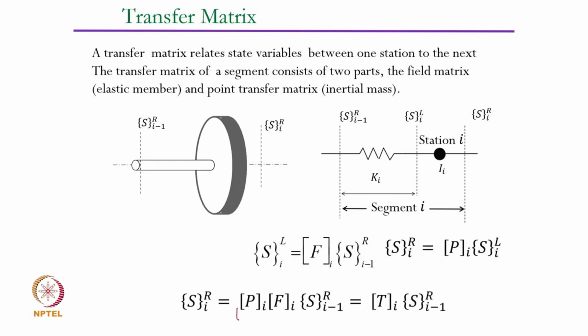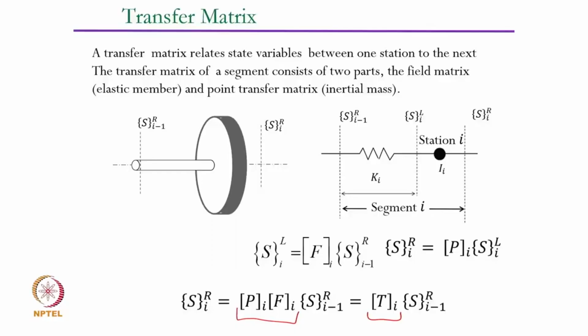The product of this point and field matrix is now called the transfer matrix, capital T. So the transfer matrix is a product of the point and field matrix. Make sure that you use them in the same sequence: point matrix followed by the field matrix. Their product gives you a matrix called the transfer matrix, and therefore these methods are called the transfer matrix method.